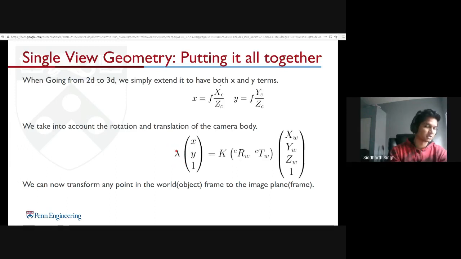Let's not just keep this lambda at the back of your head. It exists, and we will try to solve for it. Any other questions so far?